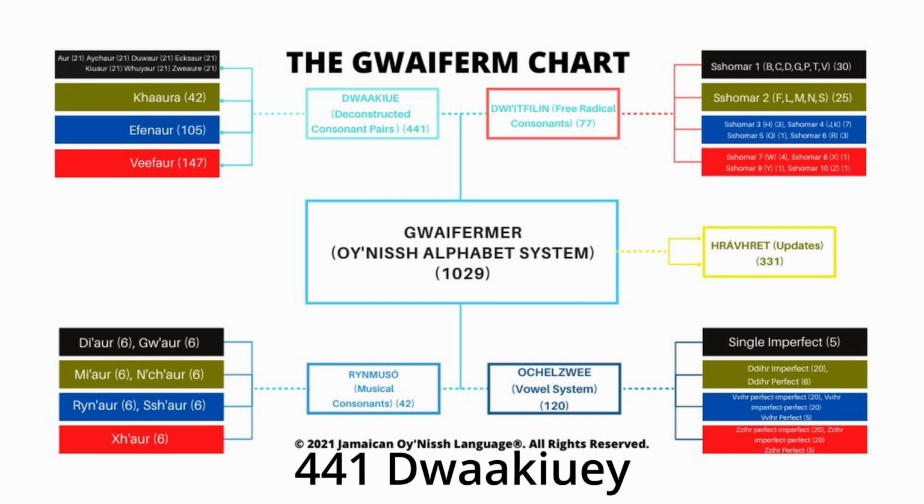There are 441 dweku, or deconstructed consonant pairs. There are 77 Gwaiferm, or free radical consonants. There are 42 Oy'Nissh, or musical consonants.